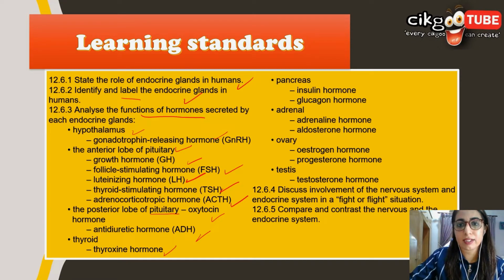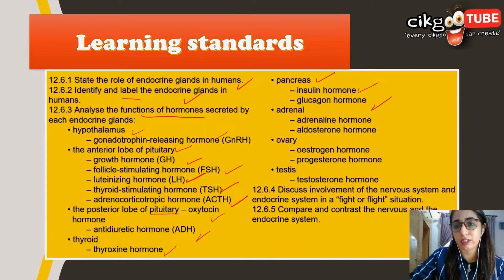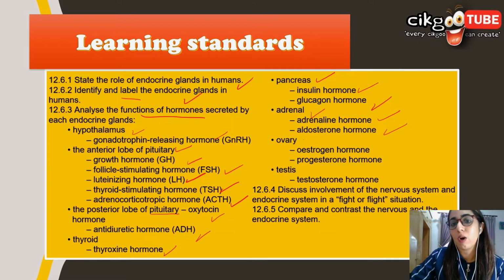The pancreas is another endocrine gland, which secretes insulin and glucagon. The adrenal glands, in the kidneys, secrete adrenaline and aldosterone. The ovary and testes, the reproductive glands, secrete estrogen, progesterone, and testosterone.